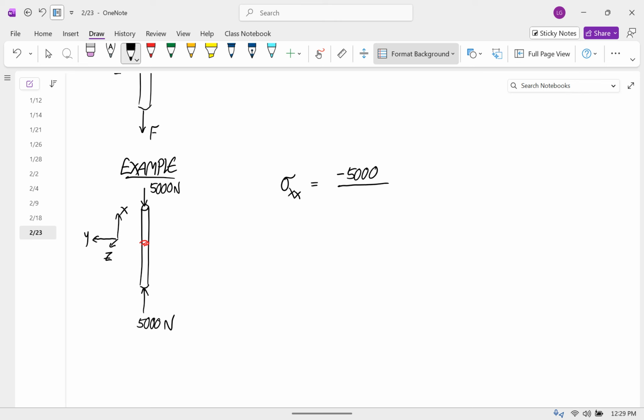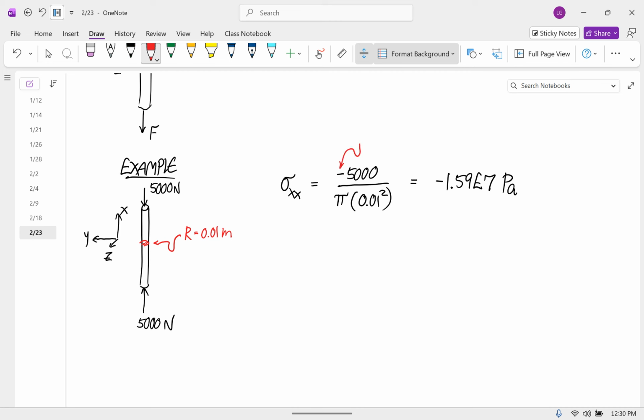divided by, I didn't give any dimensions. Let's say that this radius is 1 centimeter. So 0.01 meters. And so the cross-sectional area then is going to be pi times 0.01 squared. And so that comes out to be negative 1.59 times 10 to the 7 pascals.